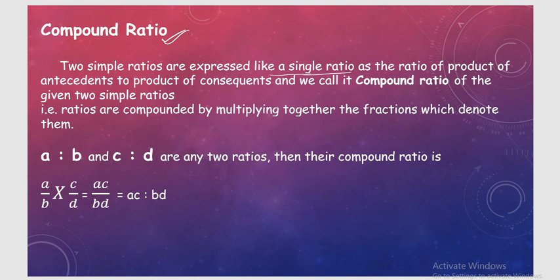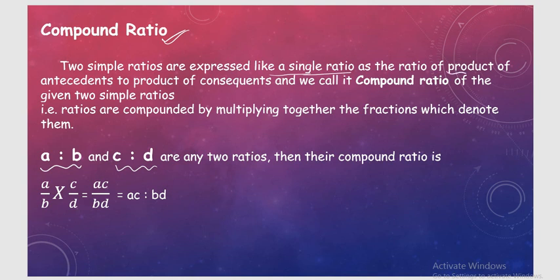For suppose A is to B is one ratio and C is to D is another ratio. If you want to write these two ratios as a single ratio, then we need to take the product of antecedents.